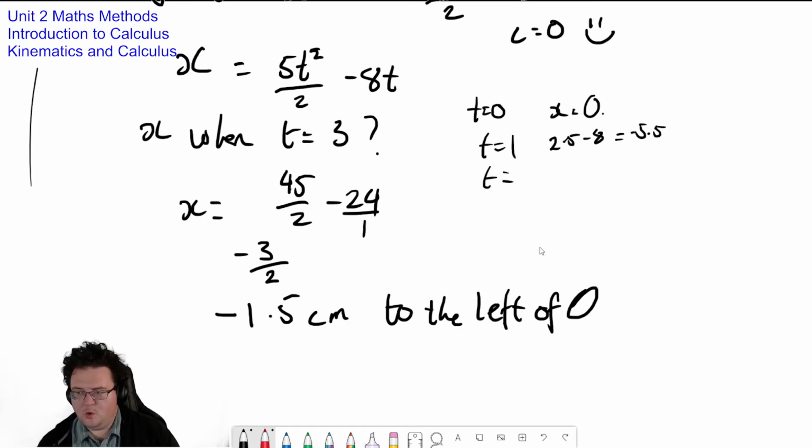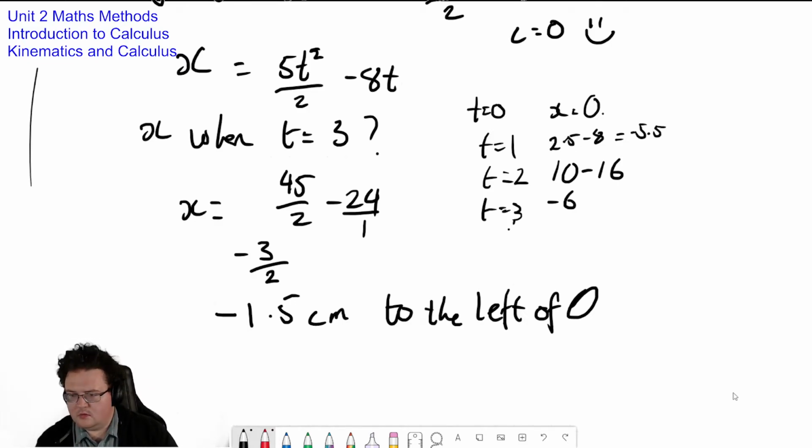When t equals 2, we've got 4, so that's going to be 10 minus 16, so that's going to be minus 6. But when t equals 3, we've already worked it out because we've got it up there.